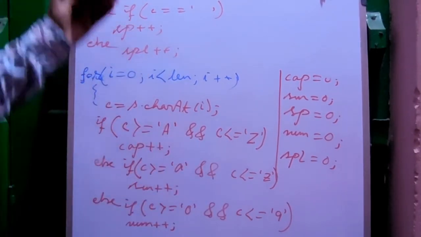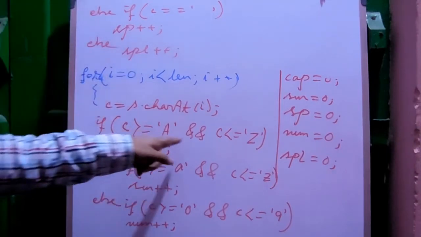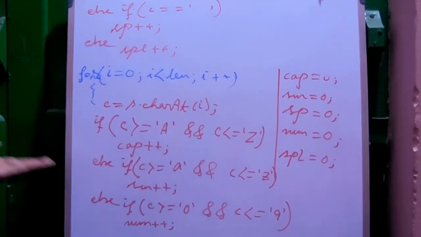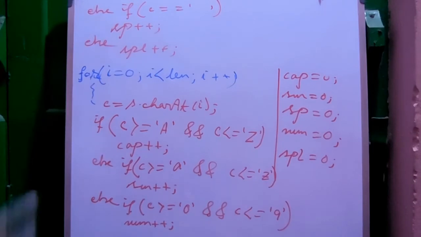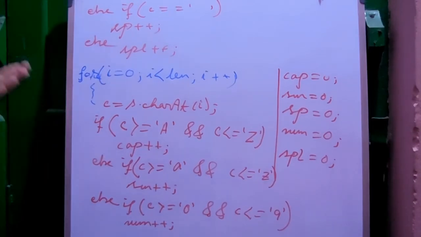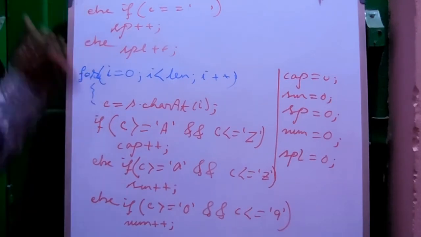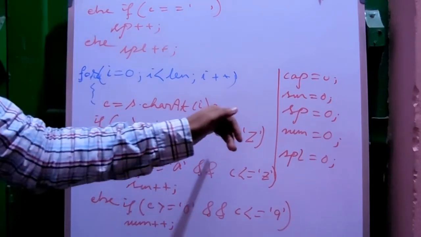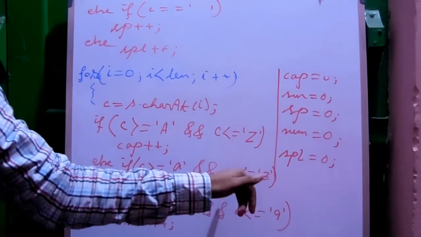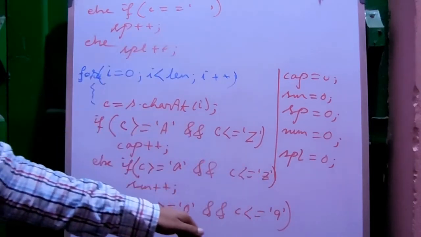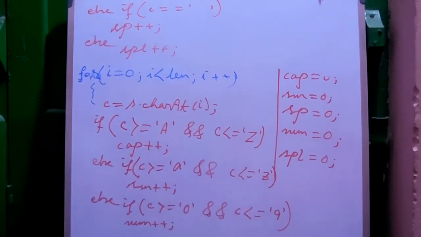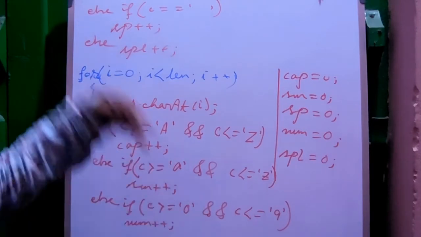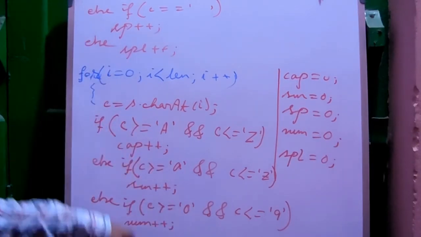When it falls into the small alphabet, SM will be plus plus, and the rest of the part will not execute. But if it is neither capital nor small, suppose the extracted character is any number, the number will not fall under this condition, also not under this condition, so automatically it will move to the next condition. In this next condition, num will be plus plus.